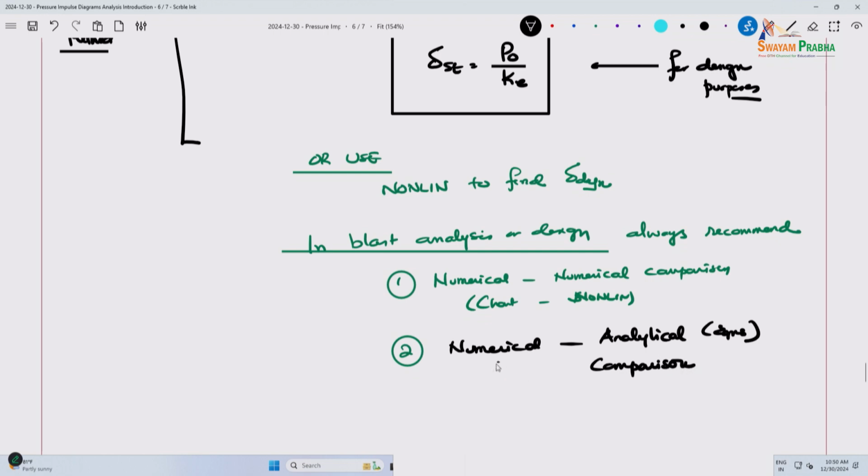So the numerical, for example, SDOF versus equations, or charts versus equations.